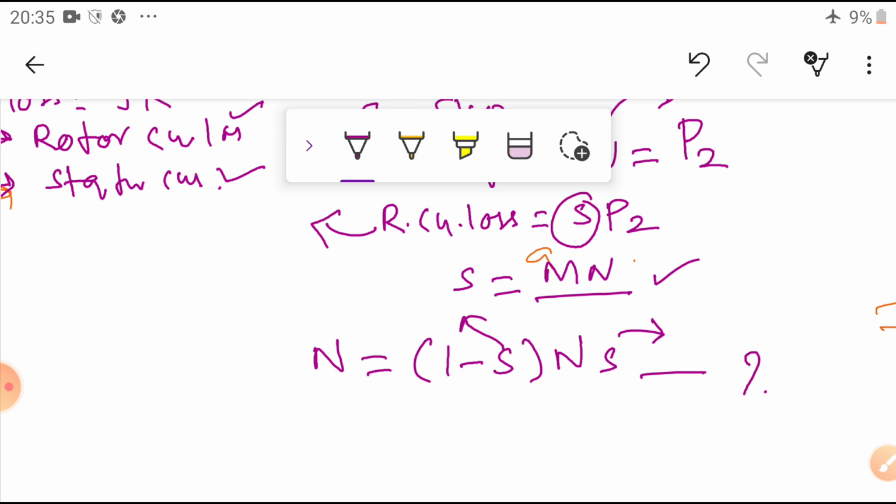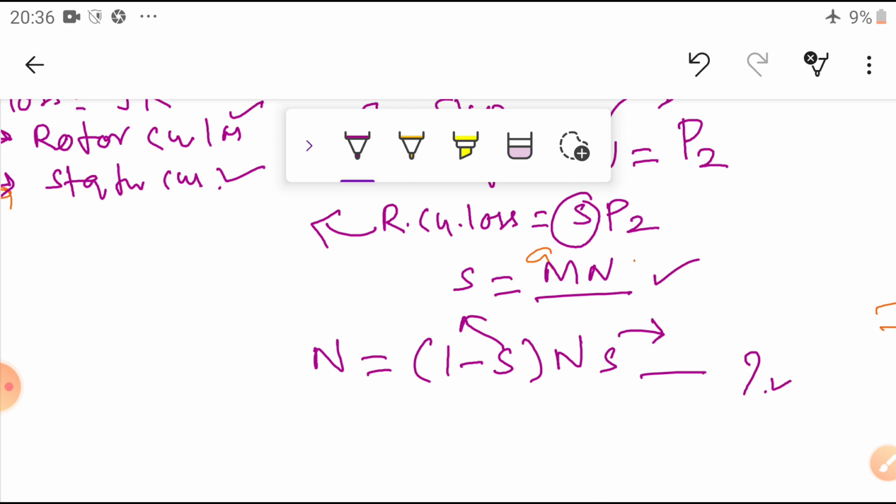These are the things you have to remember and practice. Now everything is calculated: full load power factor, full load efficiency, everything.